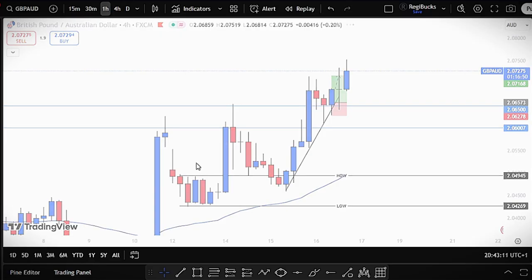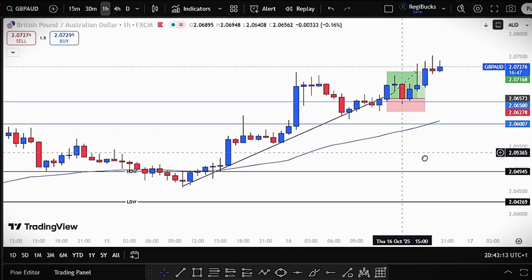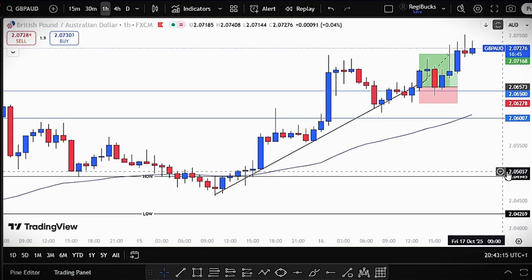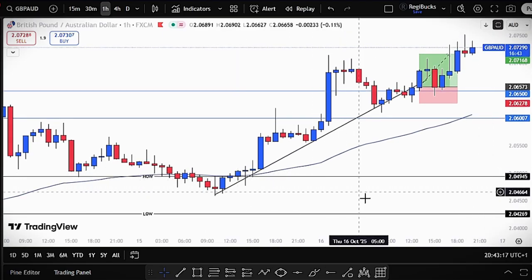Now we come down to the lower time frame. What are we looking for? We're looking for a trend line. If we don't see a trend line, do not trade. If you do not also see a psychological level or a support or resistance level, also called area of interest, we do not trade.